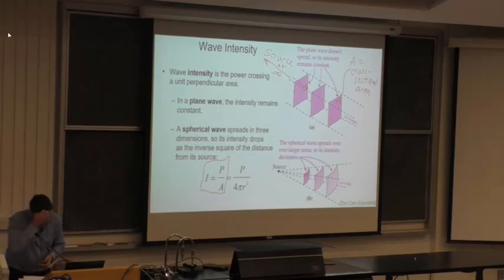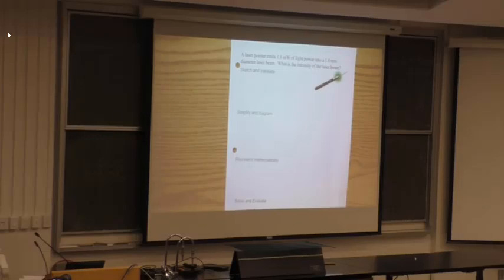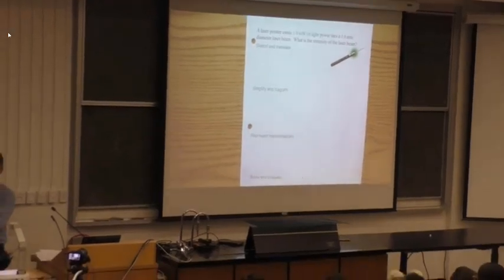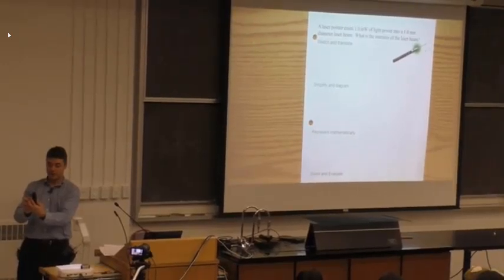I think I have some examples. Let's go to the doc cam. On the back of this laser pointer, it says that it's a class 2 laser product, optical power 1 milliwatt. It actually says less than 1 milliwatt.